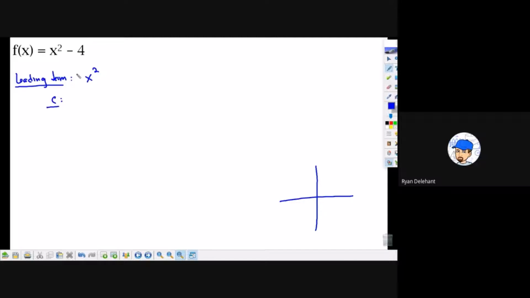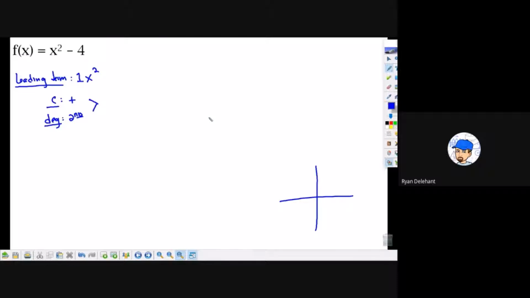Should be a positive 1. So 1 is positive. Then I want to look at the degree that it shows me. The degree comes from the exponent. So that means this is a second degree polynomial. These two things together will tell me which way the ends of my graph should point.